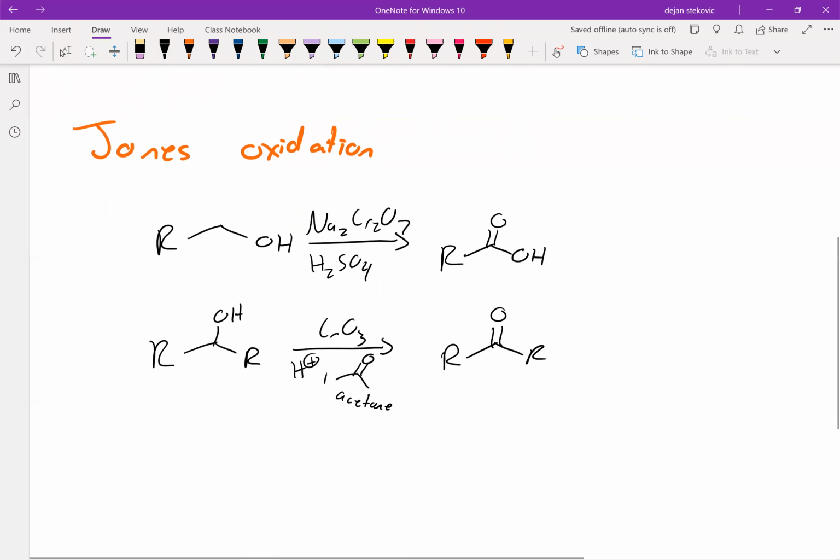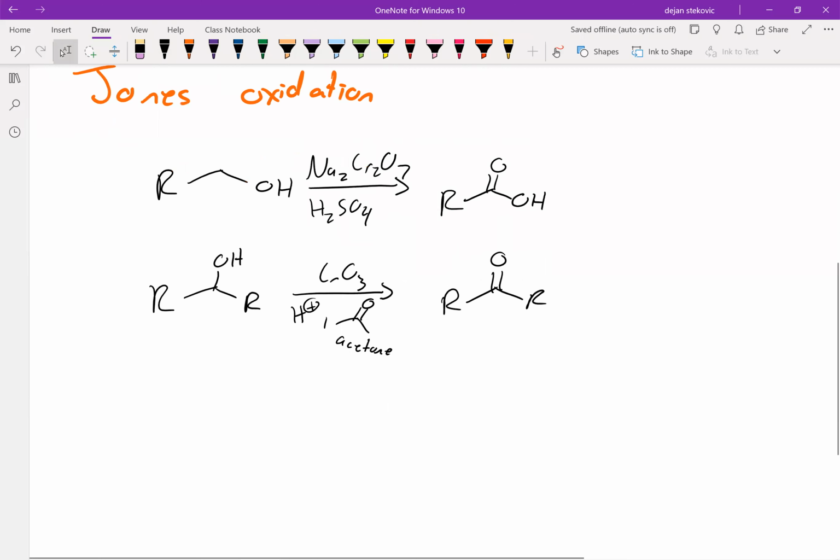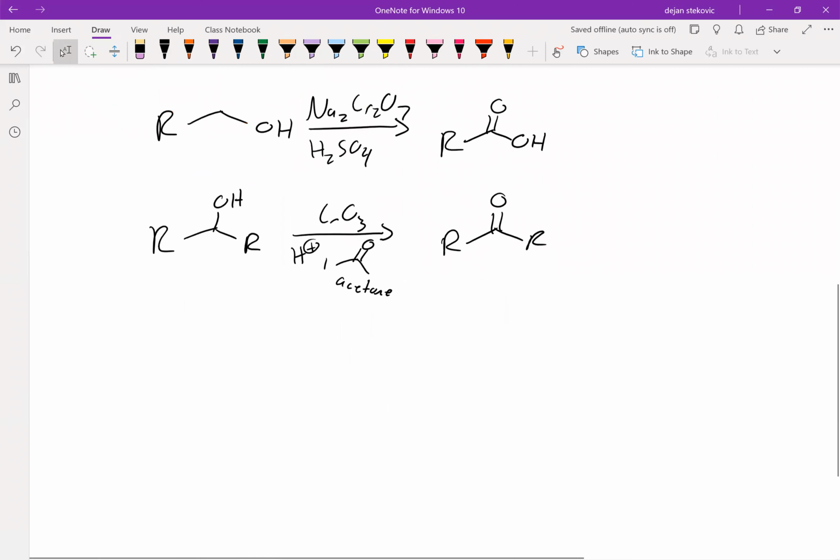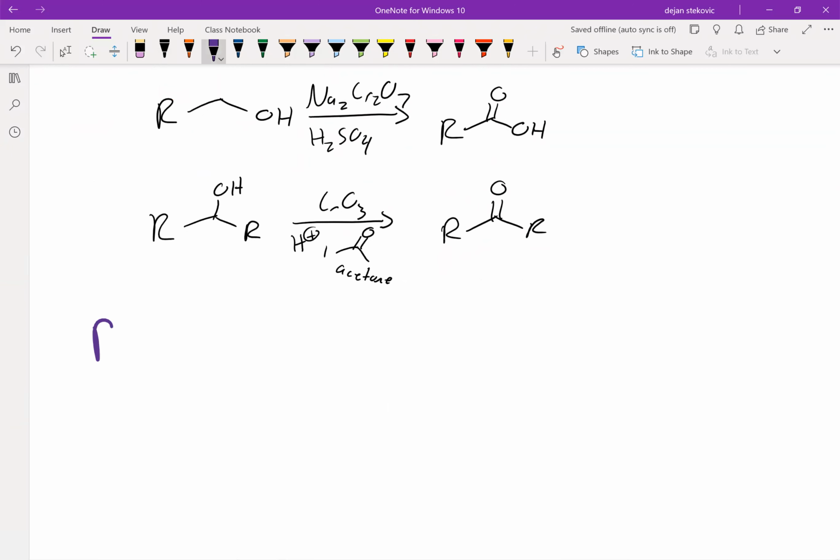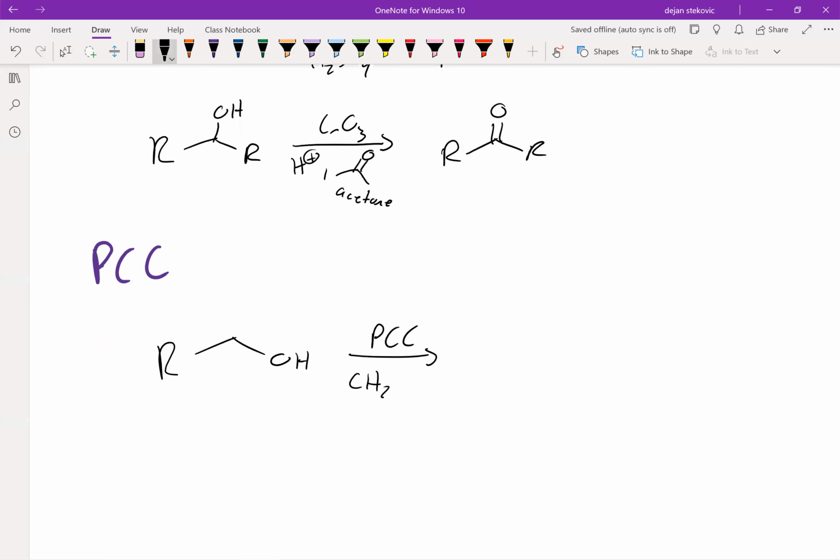If you want to stop at an aldehyde for a primary alcohol, you have a number of choices to use as reagents here as well. You can use PCC. And this is generally done in dichloromethane. And then here you stop at the aldehyde. PCC is this compound right here.